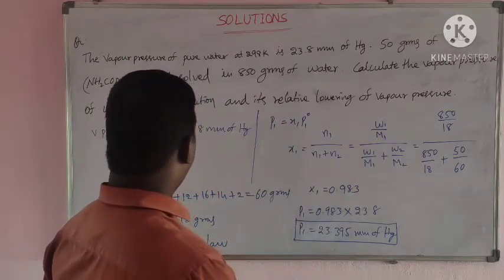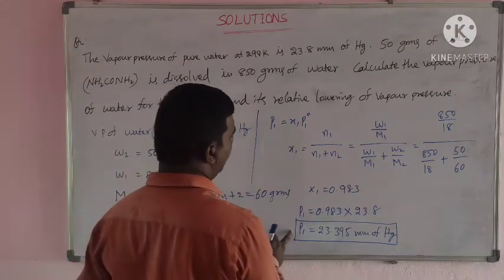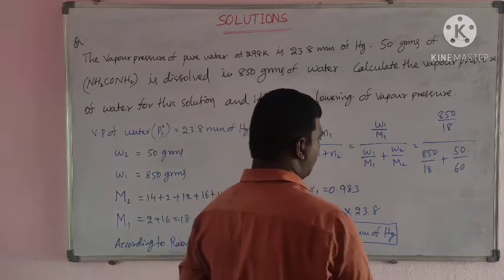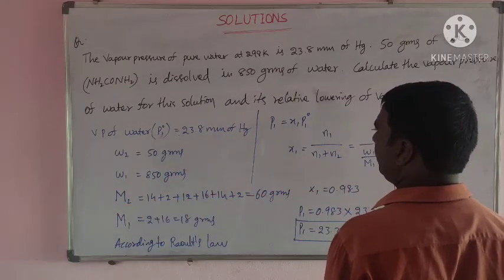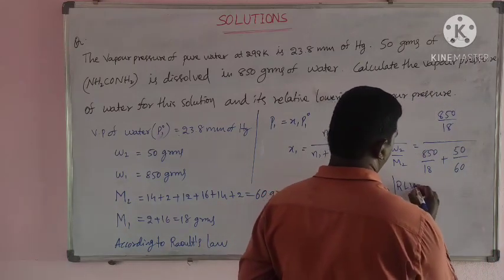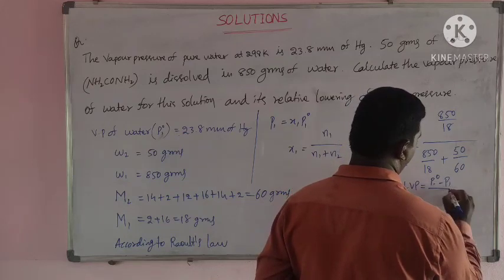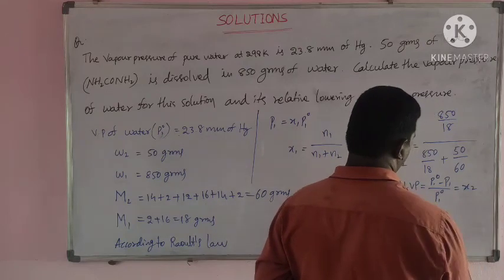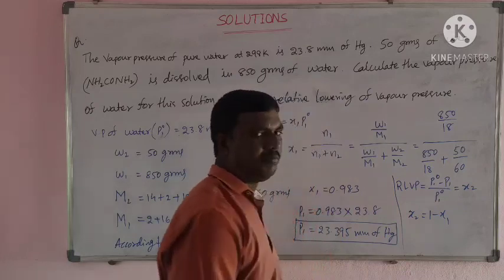Here we are having P1 naught, P1 and x1. Now we define relative lowering of vapor pressure. RLVP is equals P1 naught minus P1 by P1 naught, that is equals x2. x2 is equals 1 minus x1.